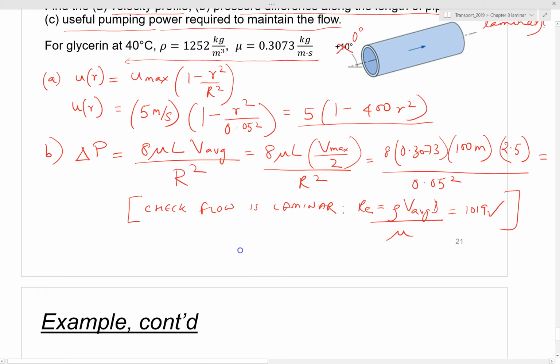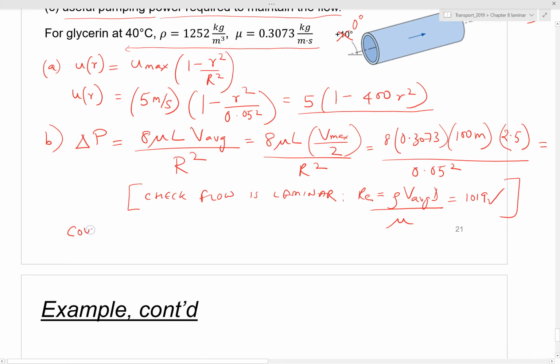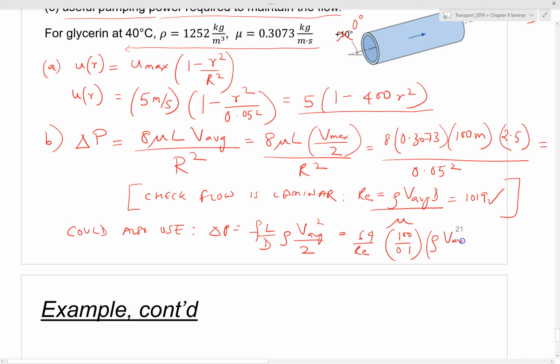And so we could have also used for delta P this expression, the Darcy friction factor, right? 64 over Re, L is 100, 0.1, rho V average squared by 2, which is 246 kilopascal. So this is similar to what we found here.